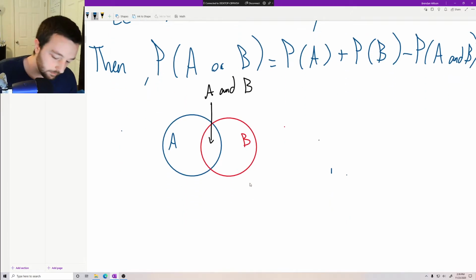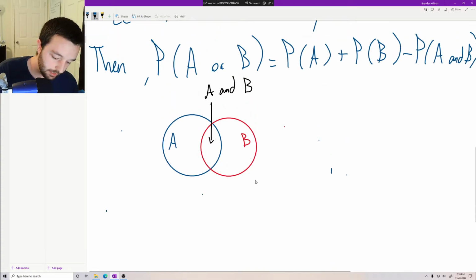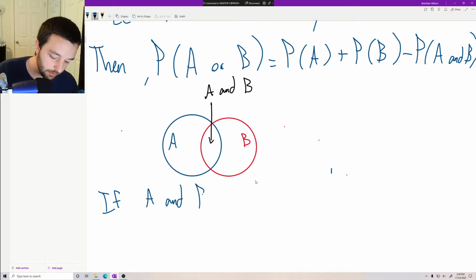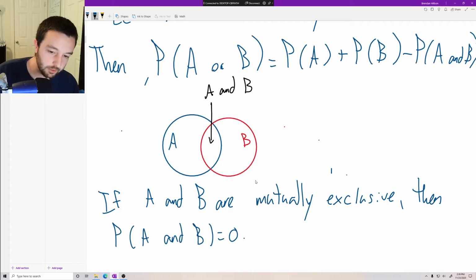Now, notice that if A and B are mutually exclusive, then we know the probability of A and B equals 0.